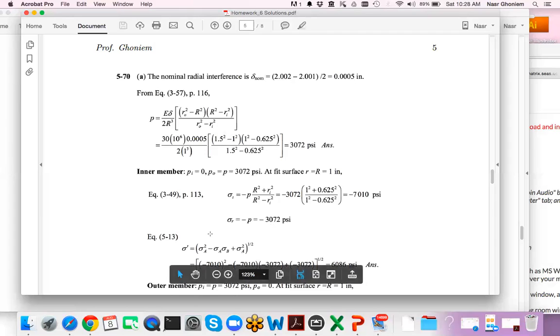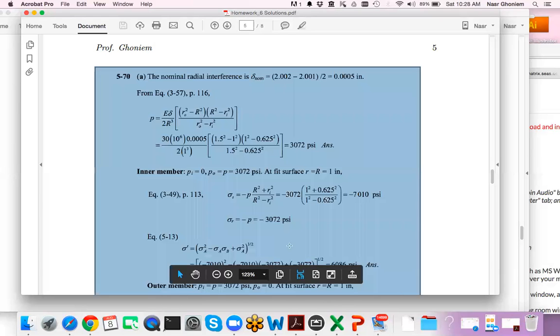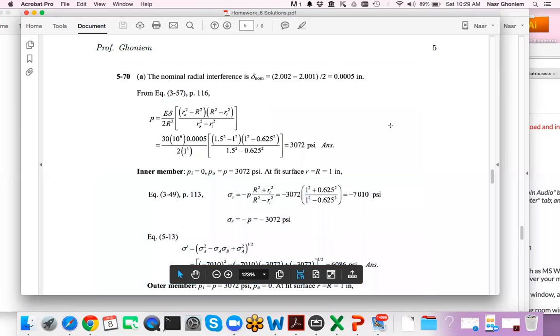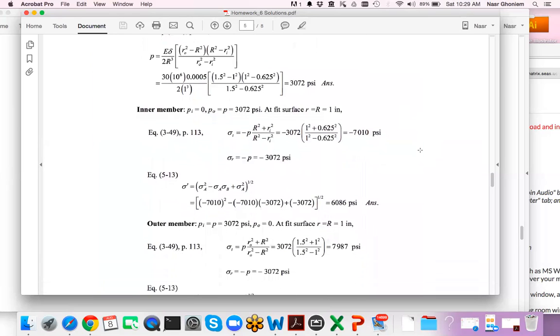Then we can get the von Mises stress and apply the distortion energy criterion, and that gives me 6. So we drop from 7 to 6. If the yield stress is, let's say, 40 KSI, we would have a pretty good margin of safety against failure right before we start.